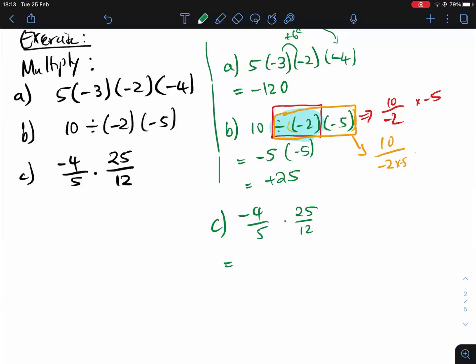-4 times 25, which is -100. And then 5 times 12, which is 60. Okay, and what is this? 100 divided by 60, what is it? What is the common factor that you can take out?